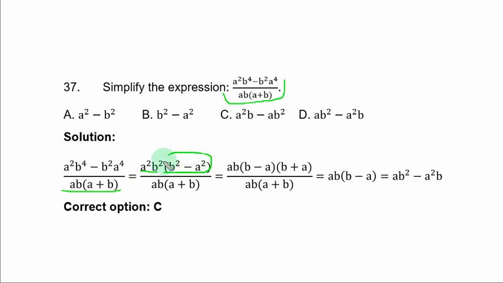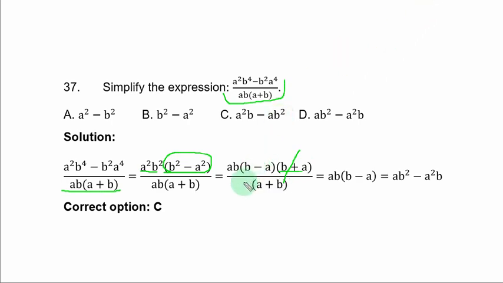By difference of two squares, we have b minus a and b plus a. Addition is commutative. That means you can express b plus a as a plus b, and it cancels off this. So if that happens, we are left with b minus a.